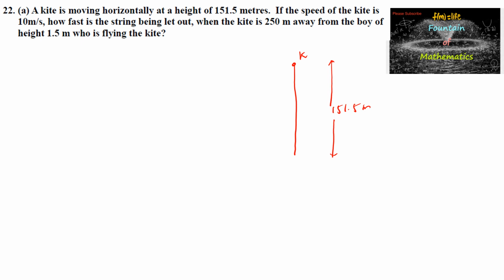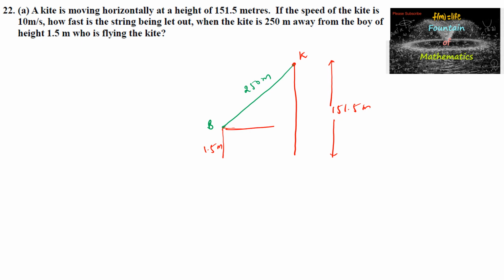And if the speed of the kite is 10 meter per second, and when the kite is 250 meters away from the boy, so let's take here 250 meters from the boy. There is a boy here whose height is 1.5 meters.